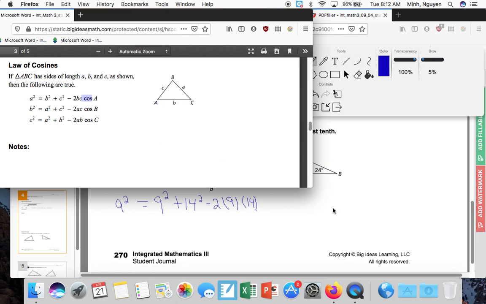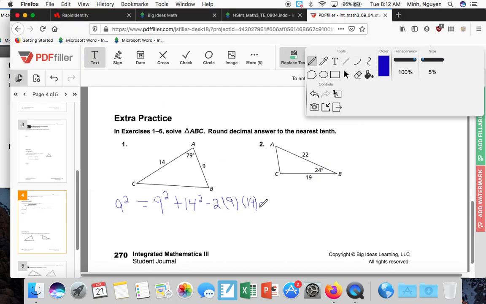Times cosine of angle A, which is 79. So, let's just do it on a calculator.